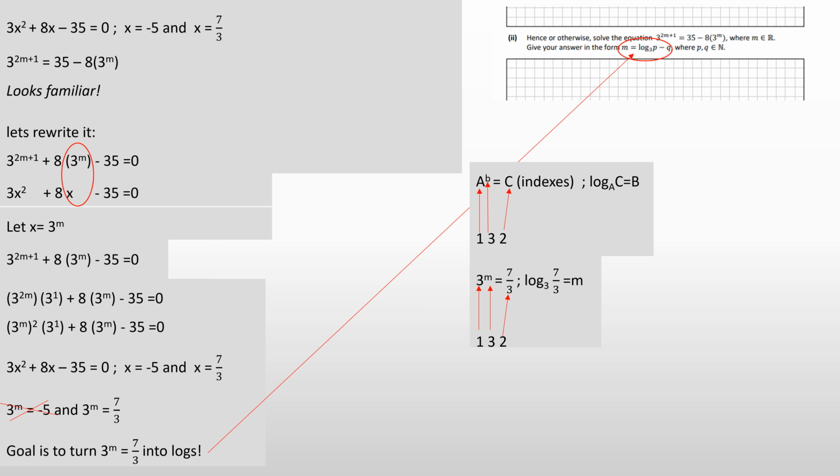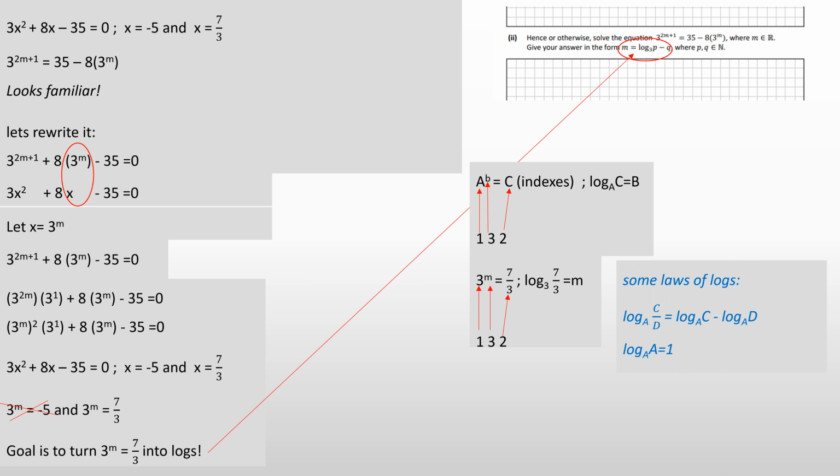So log base 3 of 7 over 3 equals m. We turn them into log, but we are still not there yet on the solution. If you look back at the question, they want it in terms of log 3 p minus q. We don't have the minus q yet.